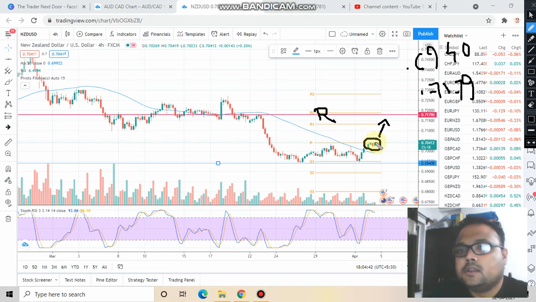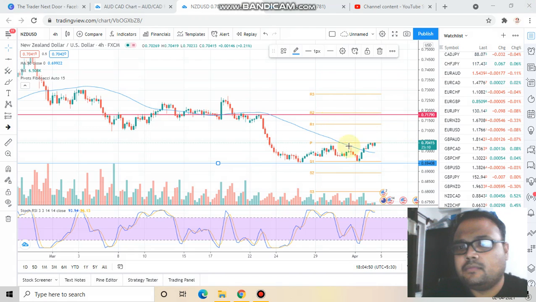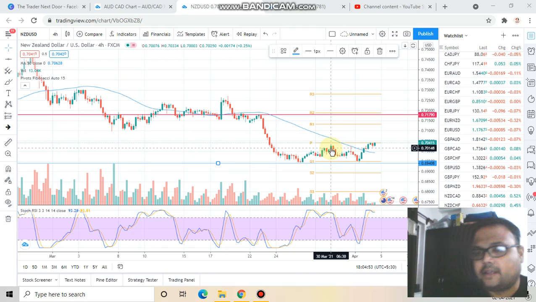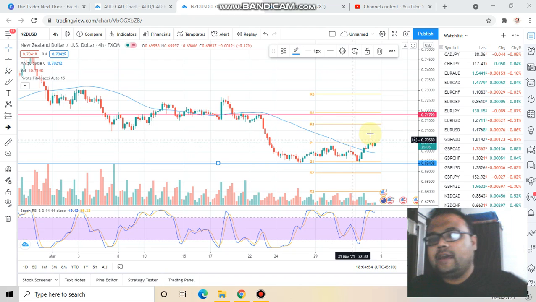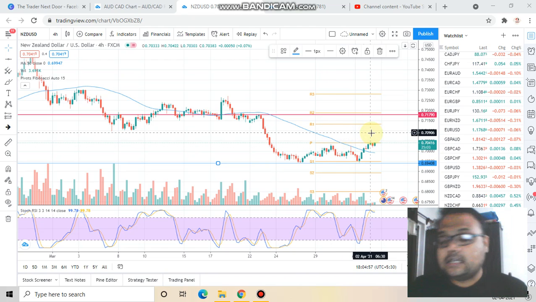So right now the market is in a no trading zone for us. We do not need to trade right now, because nothing is in our favor. Neither do we have the area of value, nor is the chart clear, nor is the trend clear. Nothing is clear to us.